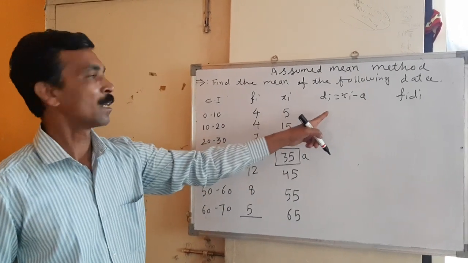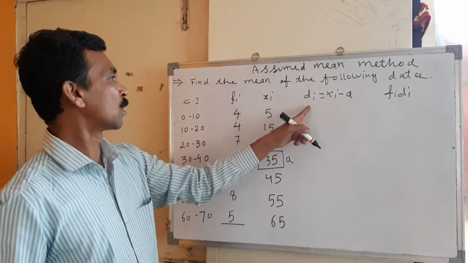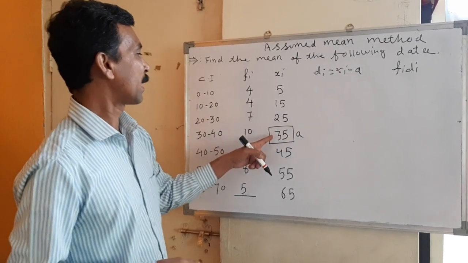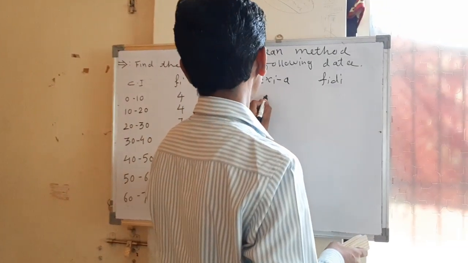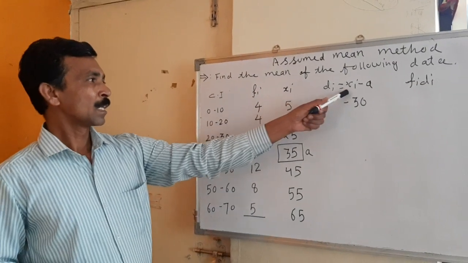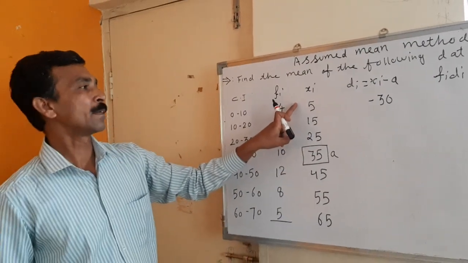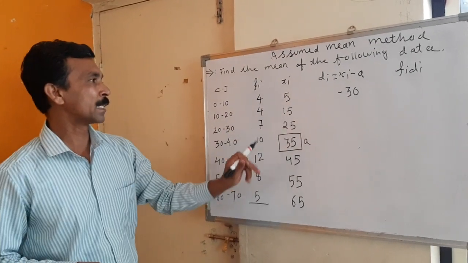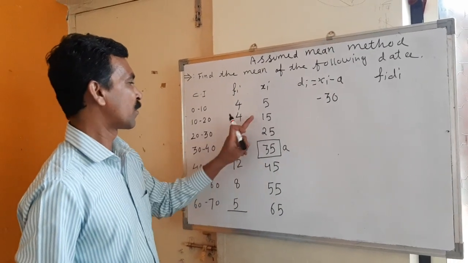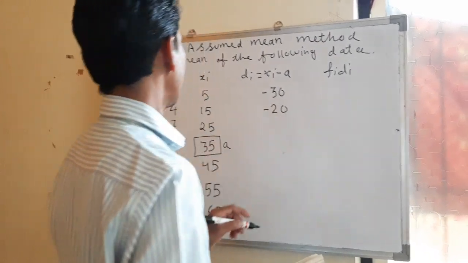Now we'll find di for all the class intervals. First, di is equal to xi minus a. Xi is 5, 5 minus 35 is minus 30. Second di, 15 minus 35 is minus 20.